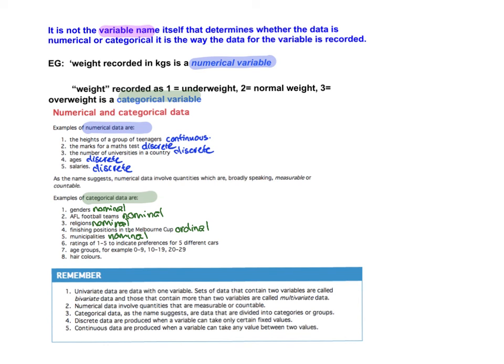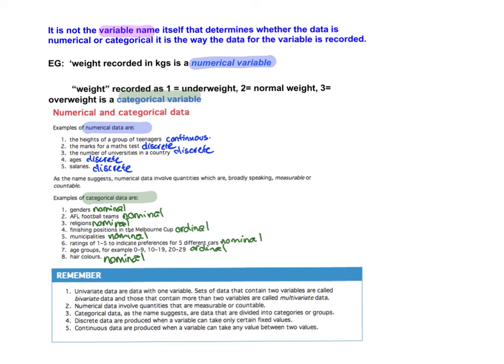Ratings from 1 to 5 to indicate preference of 5 different cars, that's still nominal. Age groups, like 0 to 9, that one is ordinal. And hair colour, nominal.